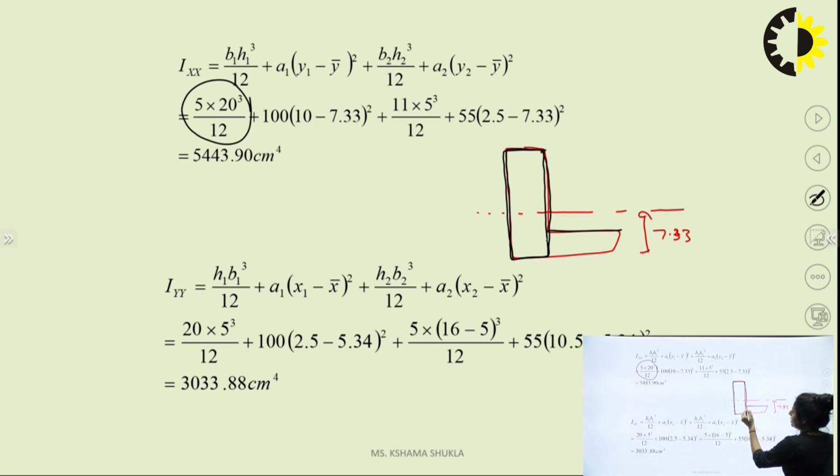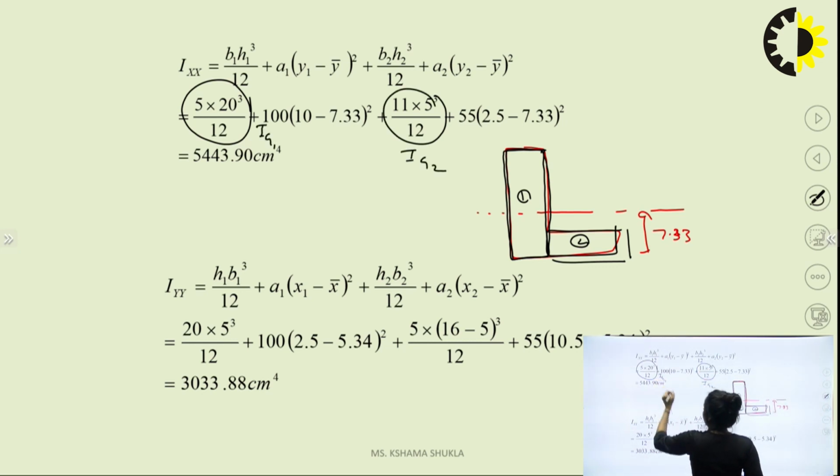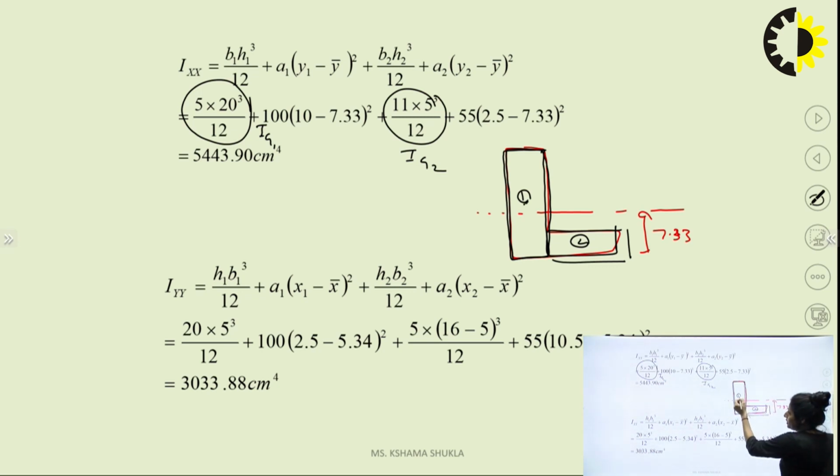Second, this is our second section. How can we find the moment of inertia of this second section? It is simply 11 into 5 cube divided by 12. So this is our IG2. These are IG1 and IG2, but these values are about the centroid of each section.